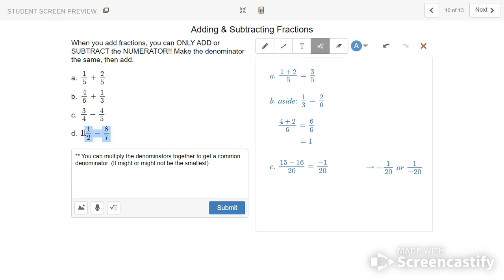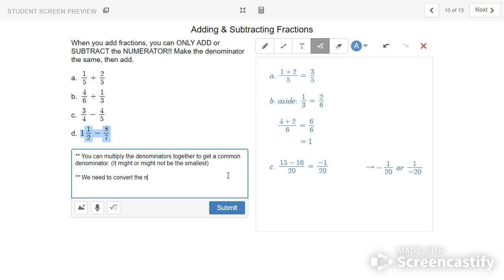Okay, the last question we have here, 1 1/2 minus 1 1/7. So remember in the previous part, we said that mixed numbers are used when we're speaking. But if we're using math, we can't have mixed numbers.